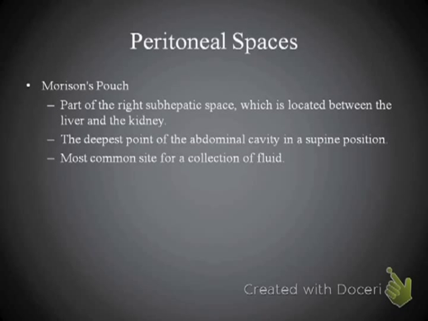We also have peritoneal spaces. We have the Morison's pouch, which is part of the right subhepatic space, which is located between the liver and the kidney. And so, as we can see, I'll draw a crude drawing here. Here's the liver. Here's the kidney. The Morison's pouch will be located right there.